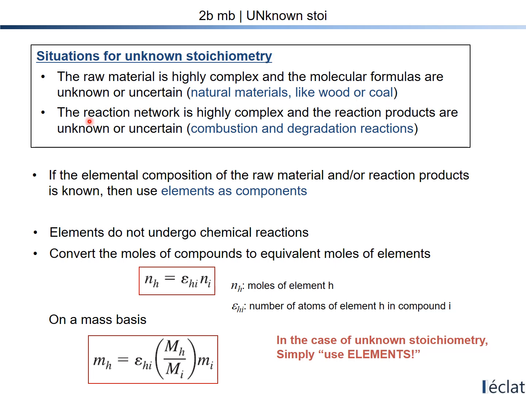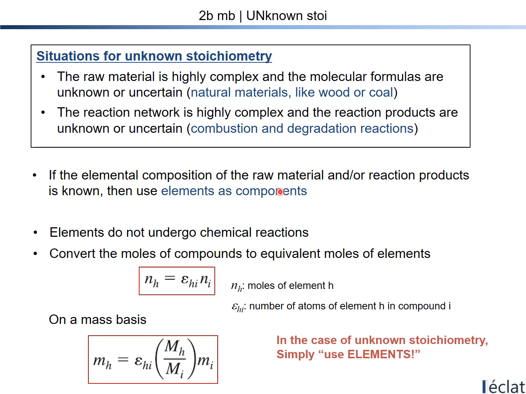The second situation is that the reaction network is highly complex and the reaction products are unknown or uncertain, like combustion and degradation reactions. If the elemental composition of the raw material and/or reaction product is known, then use elements as components.